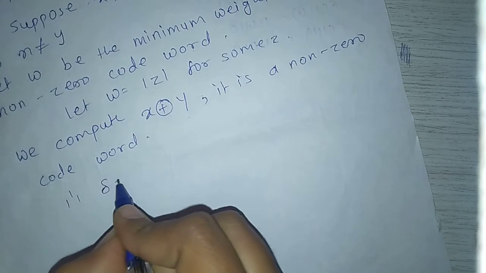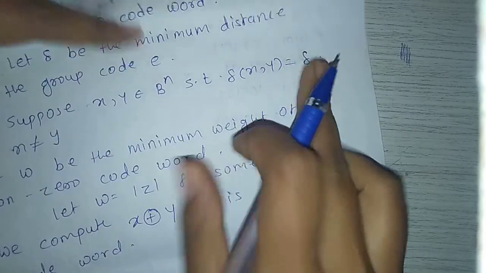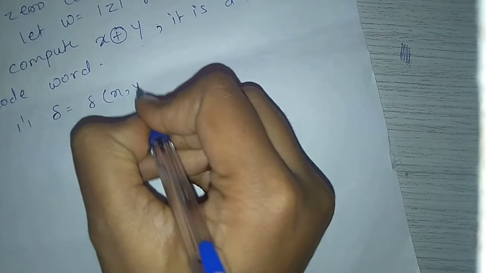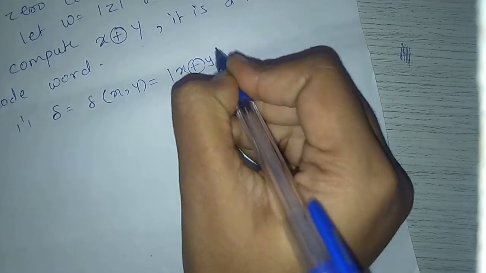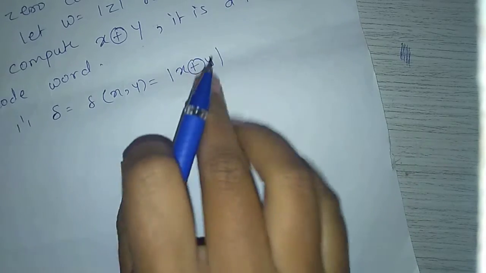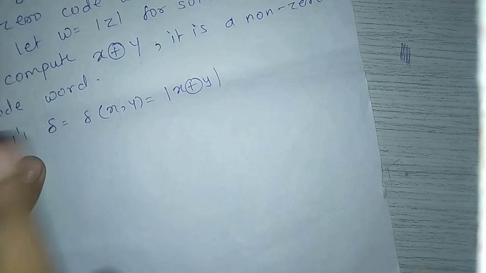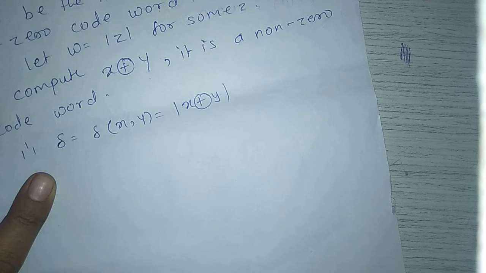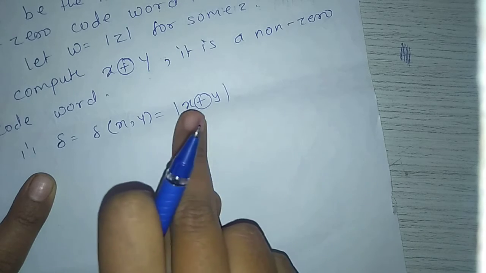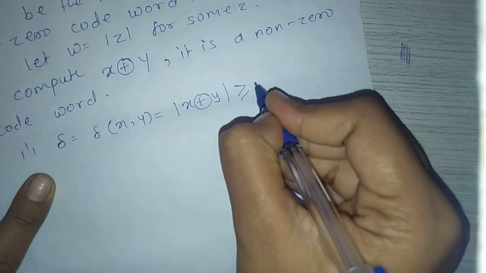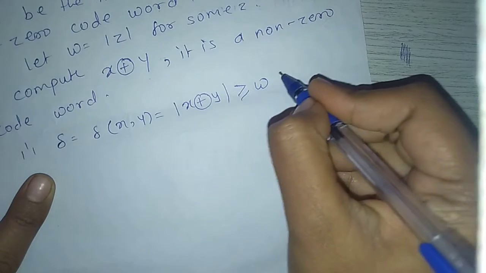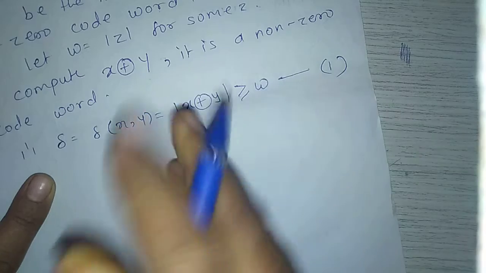Therefore, delta equal to delta of x y, and delta of x y is nothing but the mod of x ring sum y, means weight of x ring sum y, and delta is the minimum distance of the group code E. Also, w is the minimum weight of a non-zero code word, means weight of x ring sum y must be greater or equal to w. Give as equation number 1.